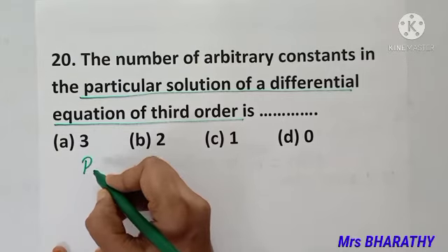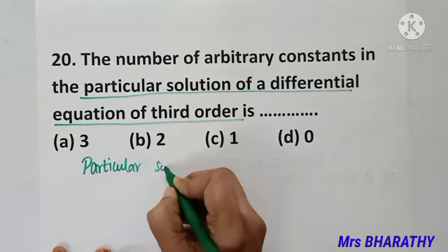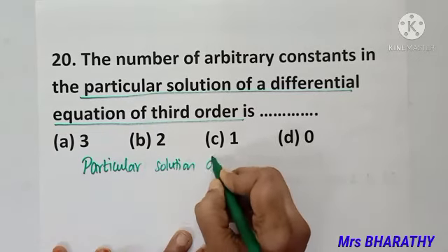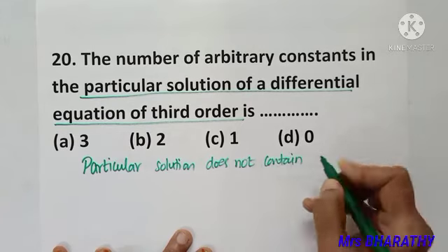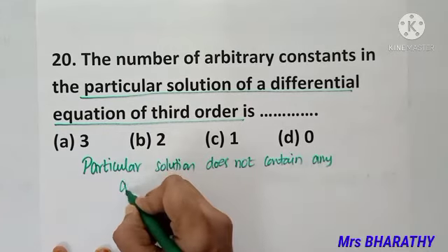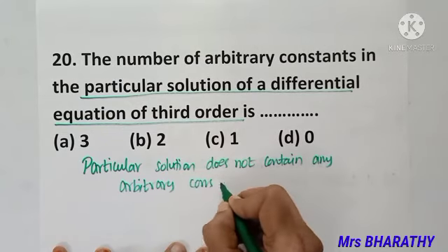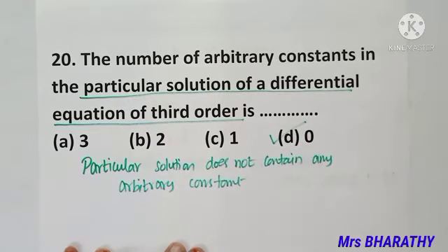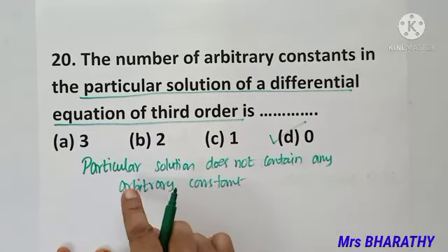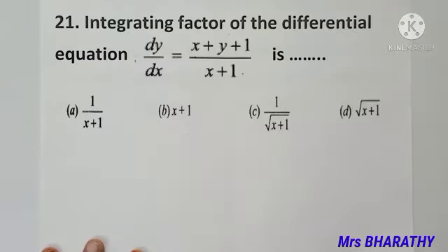Particular solution does not contain any arbitrary constant. So the number of arbitrary constants will be 0. Option D is the right choice. Remember the concept, particular solution does not contain any arbitrary constant.